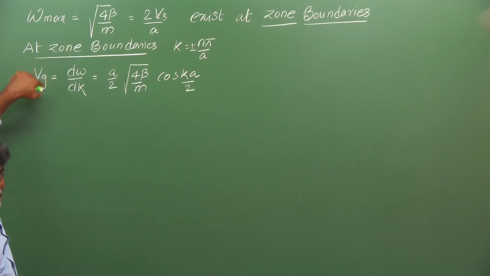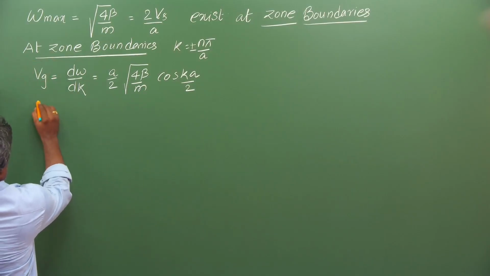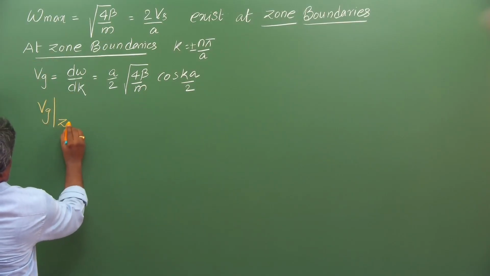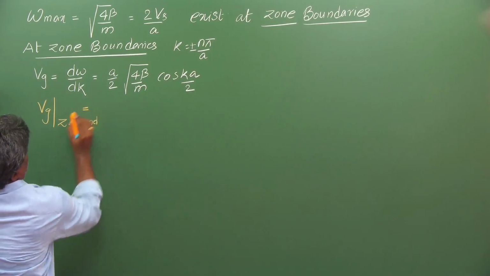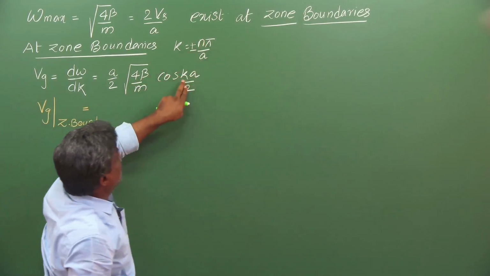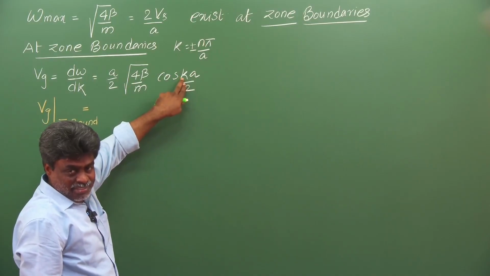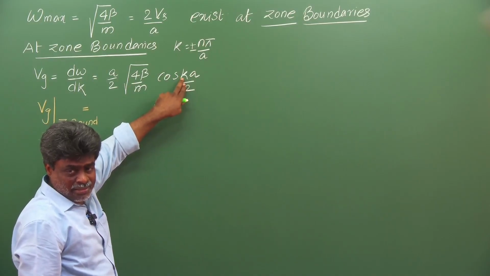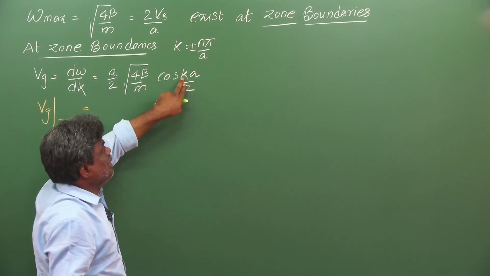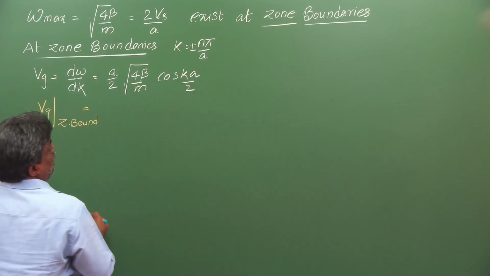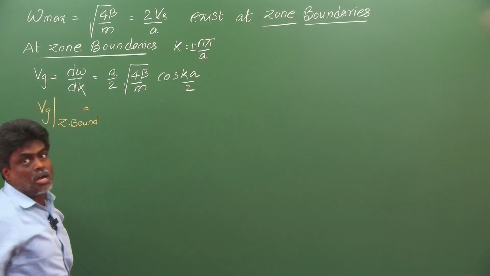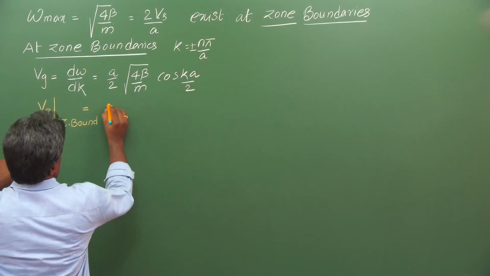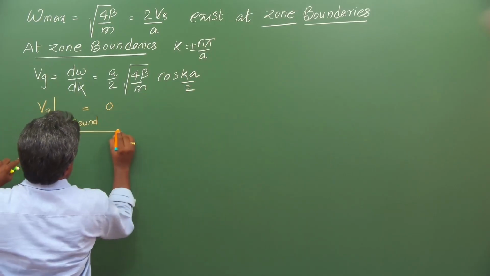I am going to find that group velocity at the zone boundary. If I take k equal to n pi by a and substitute here, a gets cancelled, cos of n pi by 2. That's why this is equal to 0.